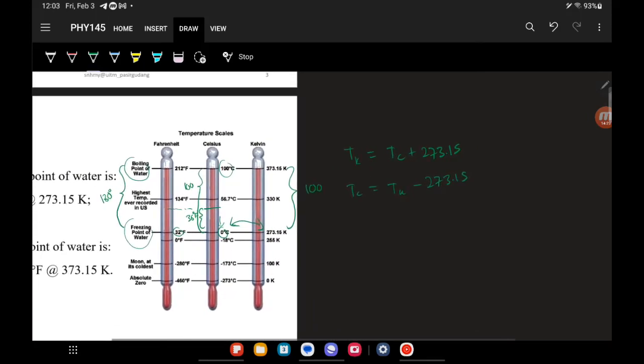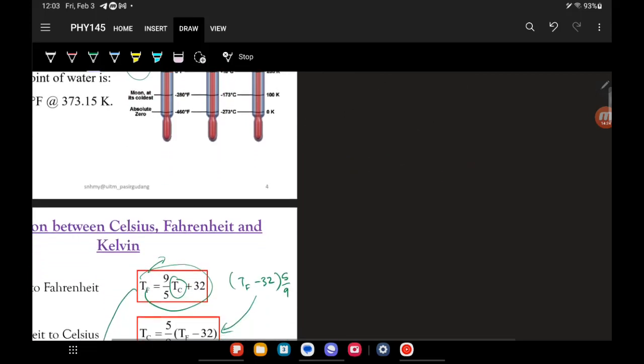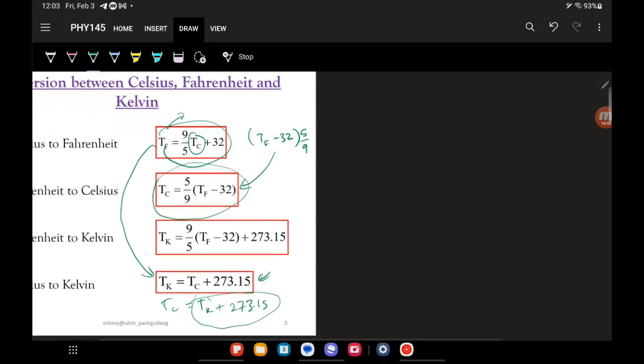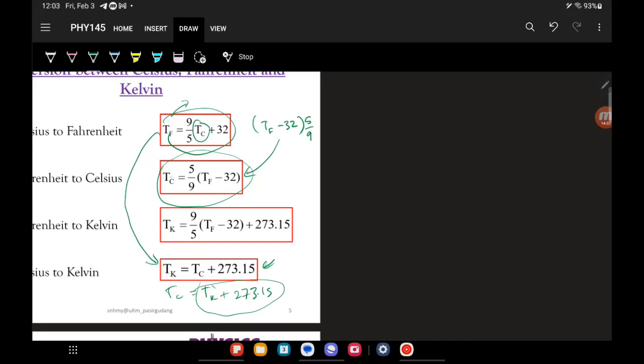Just revert the equation here, use this one equation, and then replace the TC here with this TC again, and then you will have the Kelvin on this side, TK plus 273.15 would be equivalent to 5/9 (TF minus 32).